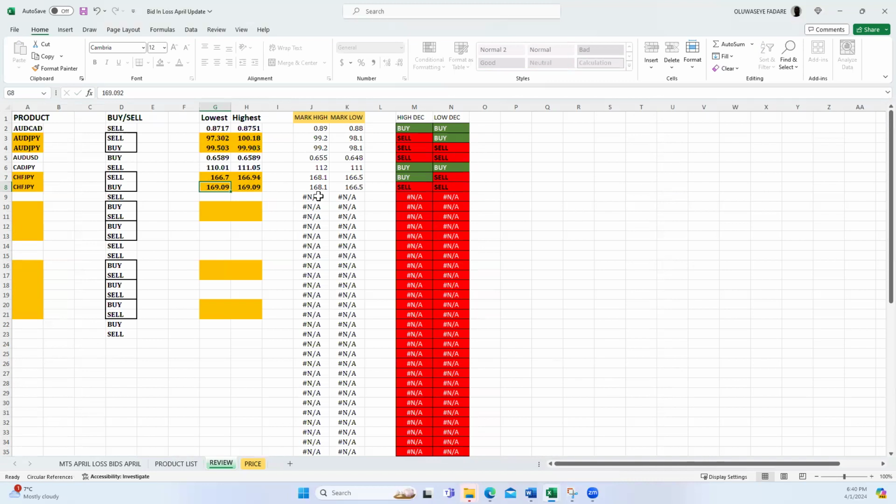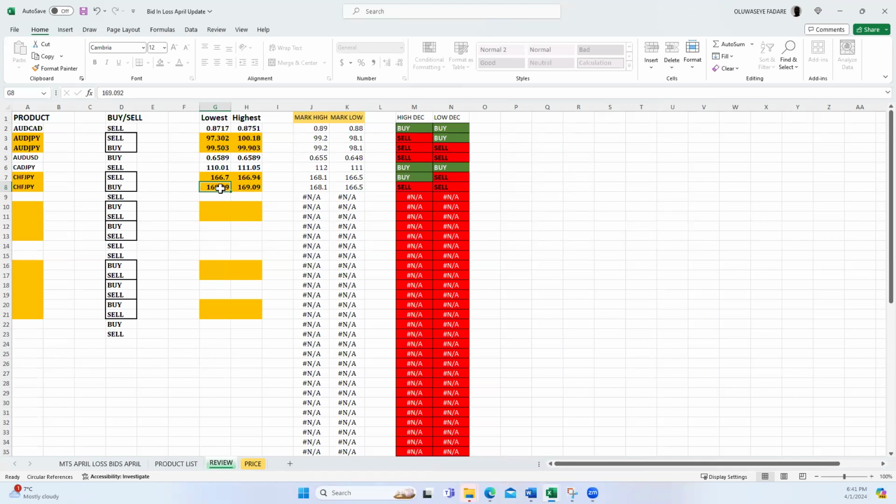Currently, the highest price is 168.1, and it's still good for a sell. For the buy, it means it's going to end up as a loss. So whatever the price is now, we need to start selling.